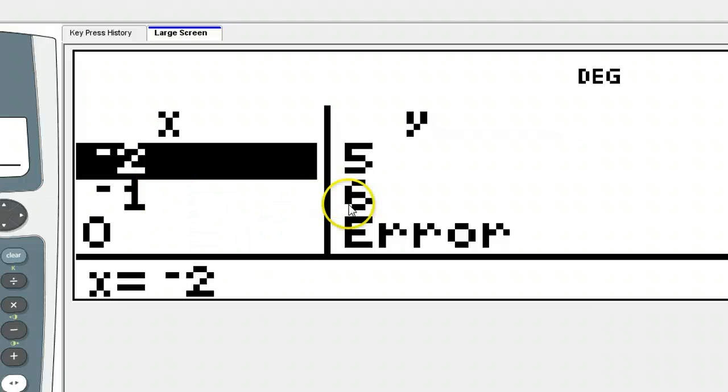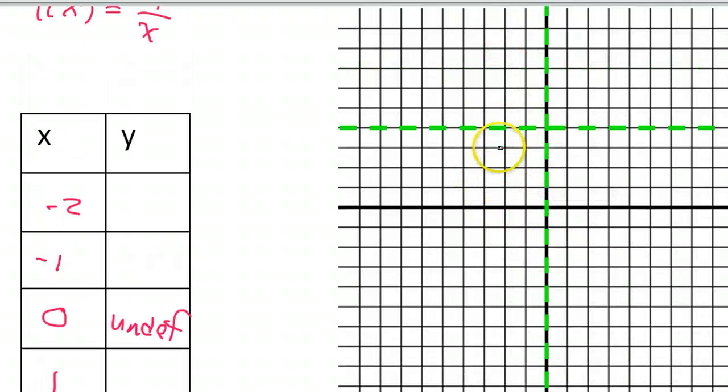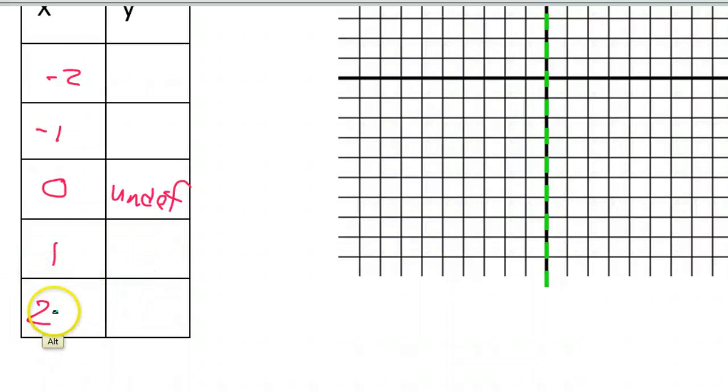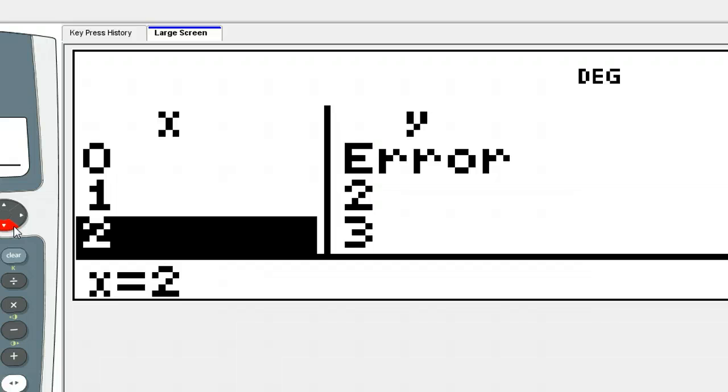Okay, so at negative 2 we're at 5 and 6. Okay, and then how about 1 and 2? Alright, at 1 and 2 we're at 2 and 3.